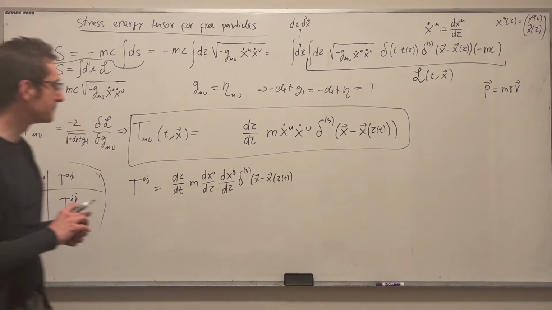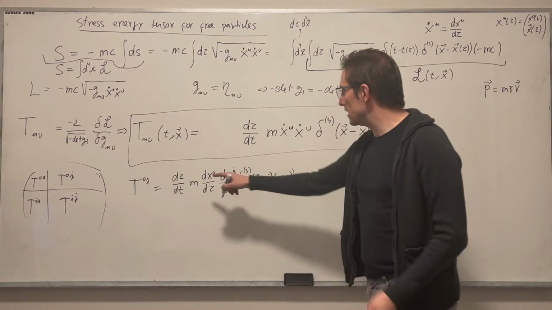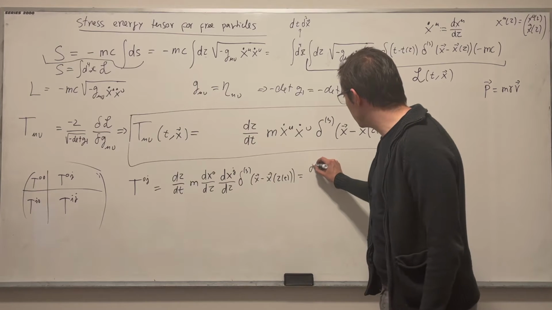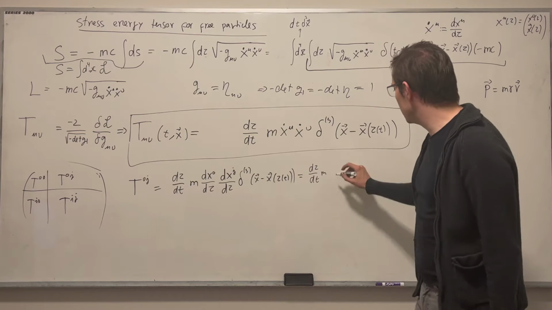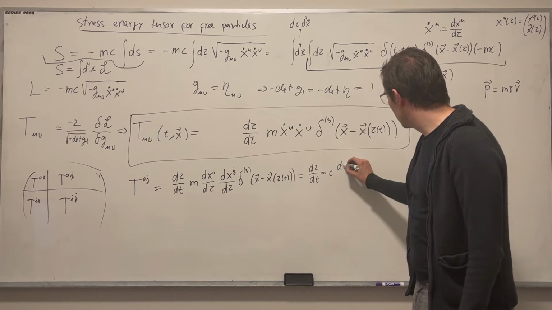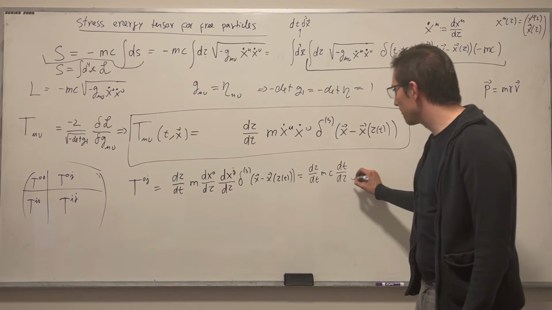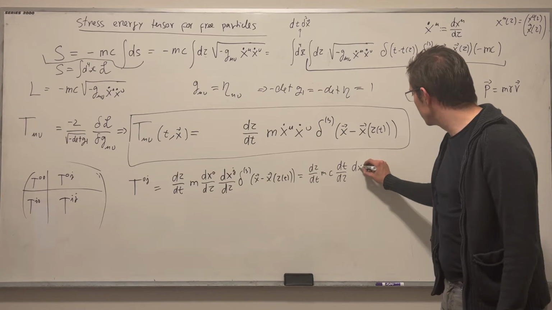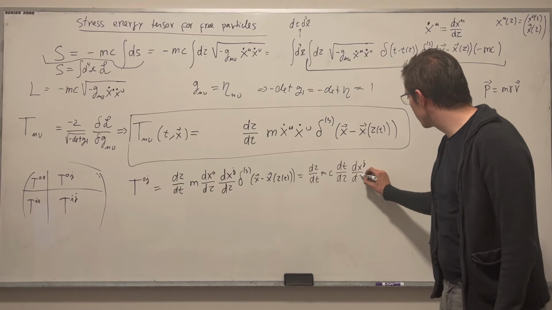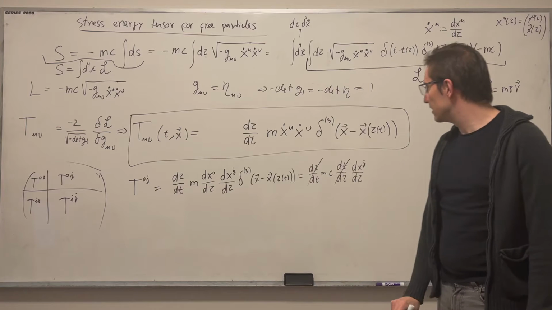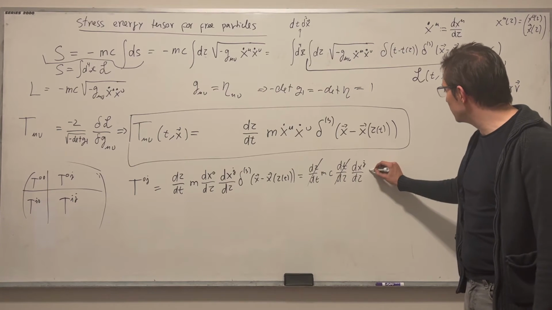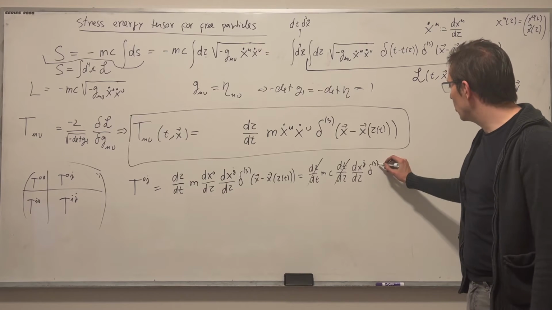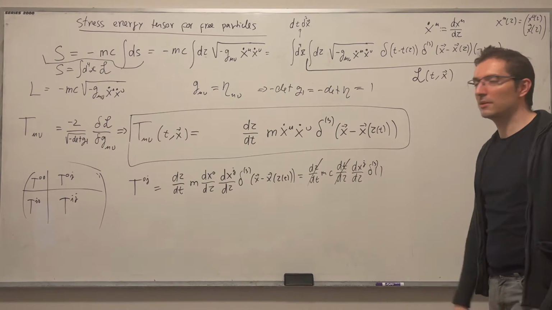So that's actually pretty easy because we get d tau dt, and this x0 is ct, so we get c dt d tau, dxj d tau. Nice, this cancels this. And of course the delta. I'm going to write the delta 3 on the trajectory, without the argument to make it shorter.